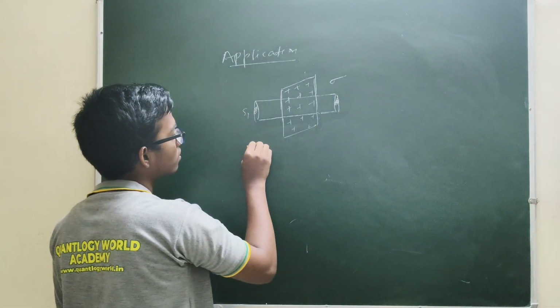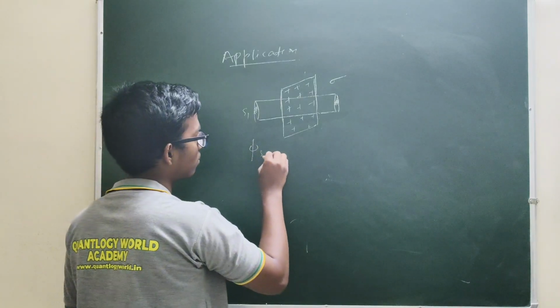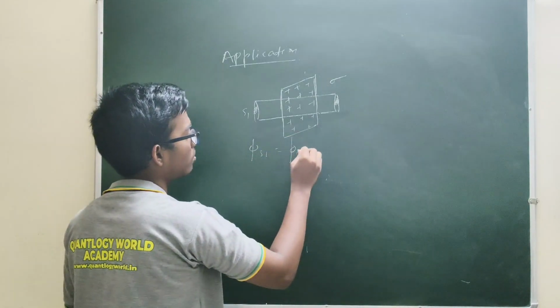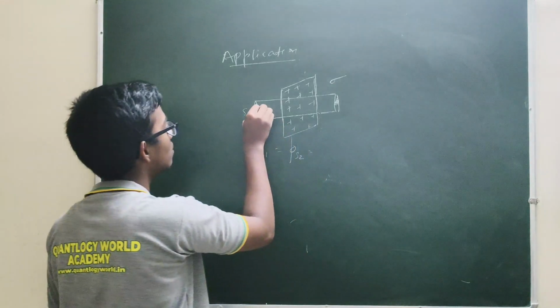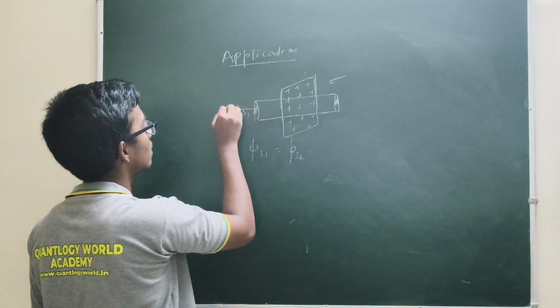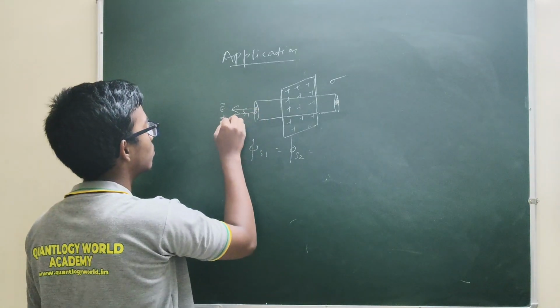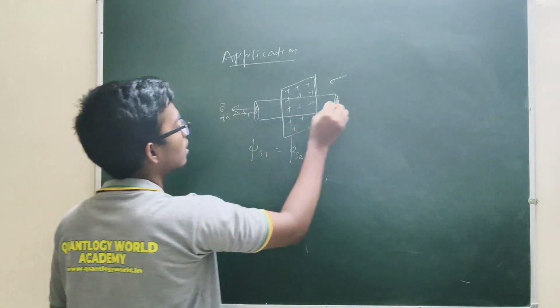Then flux through surface 1 and surface 2 will be, here the electric field and area vector in both the surfaces are parallel to each other.